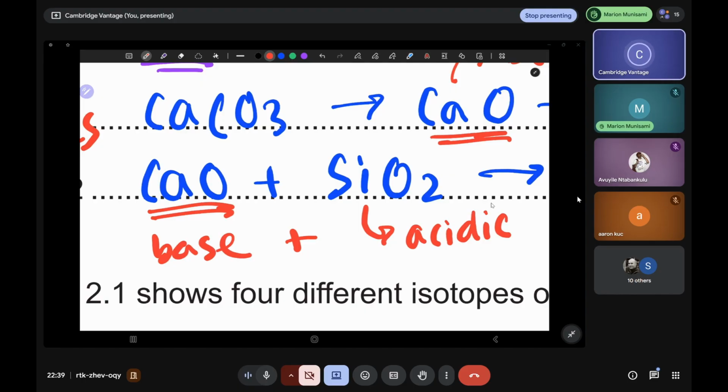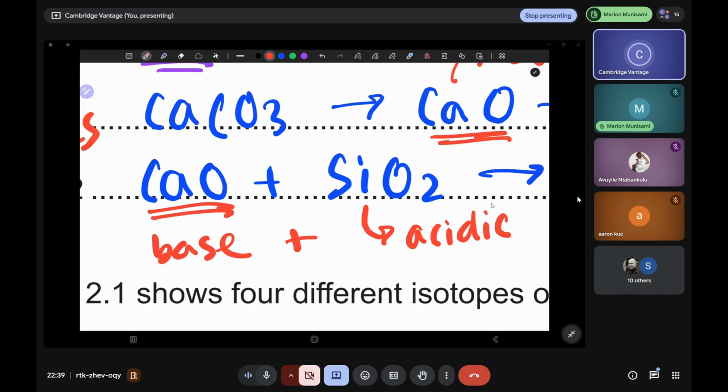Now the reason why this is behaving as an acid despite not having H2 is because of the reaction that it undergoes. In chemistry, the way we decide whether something is acidic or whether something is basic is not just simply related to whether it donates H plus or doesn't donate H plus. Sometimes it's also based on how it ends up reacting with substances.